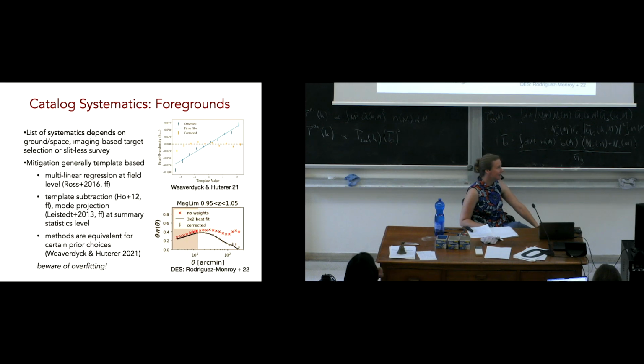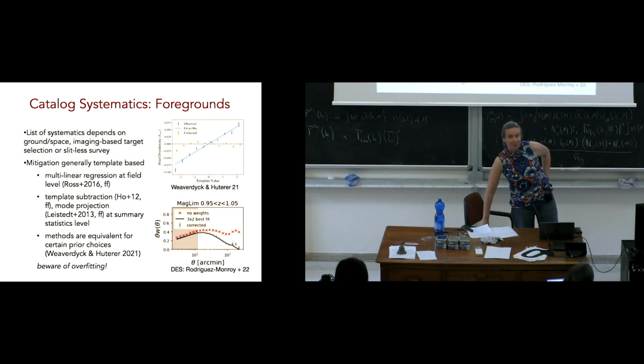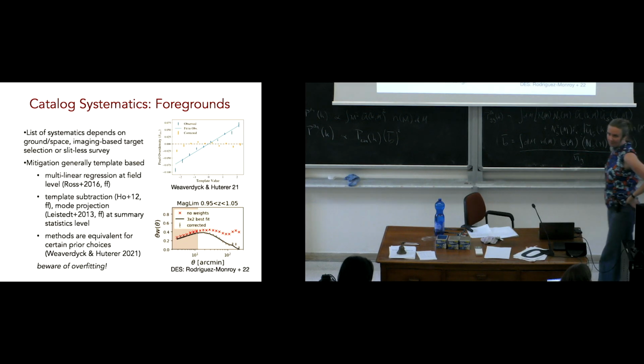And then the idea is to remove this spurious correlation between galaxy density and template value. And that comes in different flavors. One of the most common approaches at the moment is multilinear regression. So basically, in the case if we have only one systematic, it would be a simple line fit here, so that our corrected overdensities already look much closer to the global average.